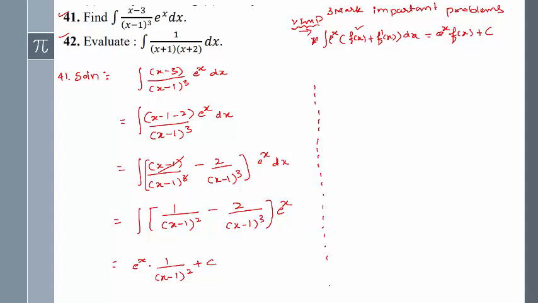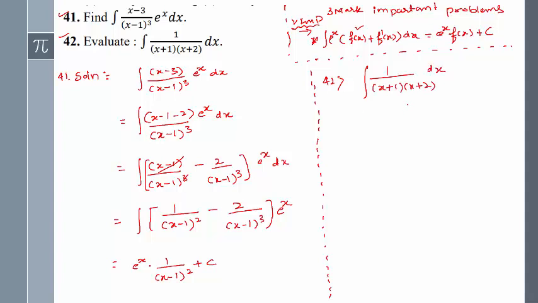So now I will go for problem number 42, and this particular formula you have to remember for problem number 41. Now you can go for problem number 42, that is the integration of 1 by x plus 1 into x plus 2 with respect to dx.